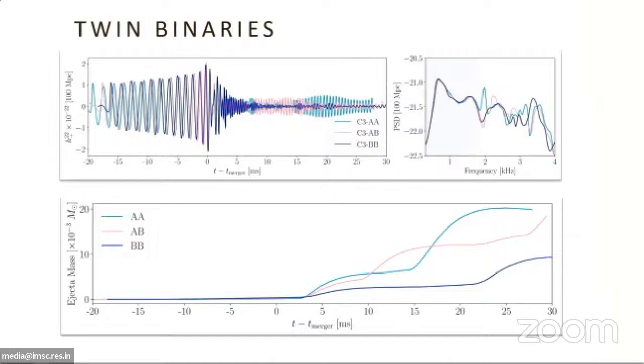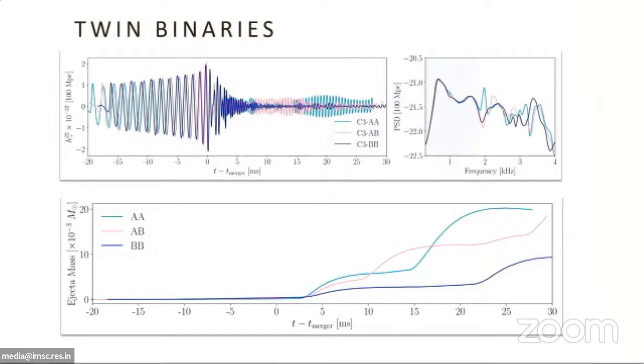We can see this imprint on the power spectral density, where different peaks appear at different frequencies. These peaks are very important for astrophysicists and gravitational wave analysis, because this is the post-merger peak. This peak has still not been discovered till now. It will be probed with future gravitational detectors like the Einstein Telescope and Cosmic Explorer.